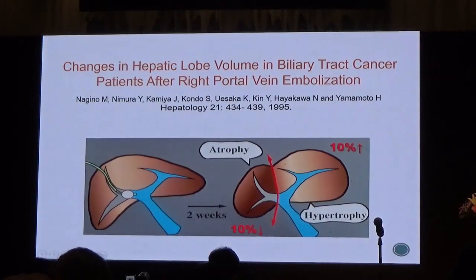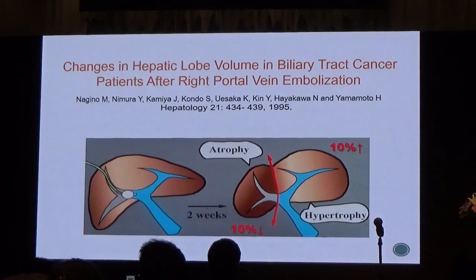And as you know, portal vein embolization is very, very important to increase the safety of major hepatectomy. About 10% of the volume moves from the embolized area to the contralateral side in about 2 weeks.